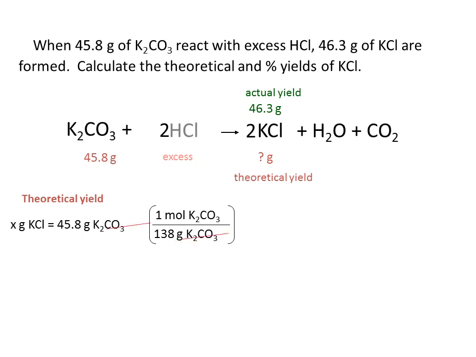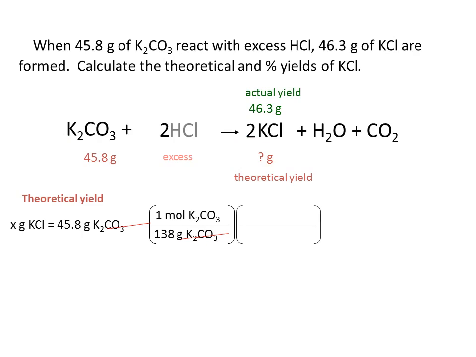If I were to stop now, I would have an answer in moles of potassium carbonate, and I want it to be in grams of potassium chloride. But once I get to moles, I can use the coefficients from the balanced chemical equation to change from one substance to the other. Notice that the equation suggests 1 mole of potassium carbonate will produce 2 moles of potassium chloride.